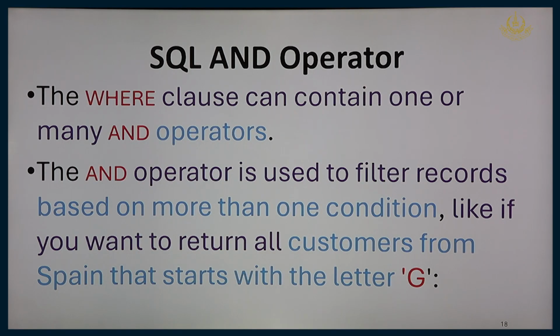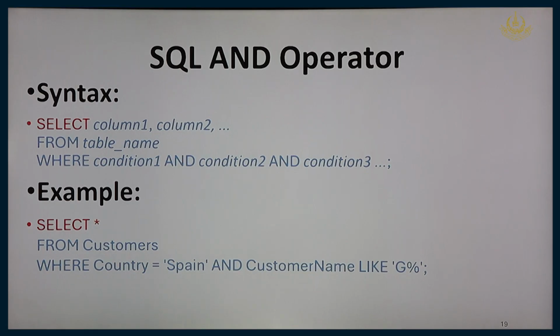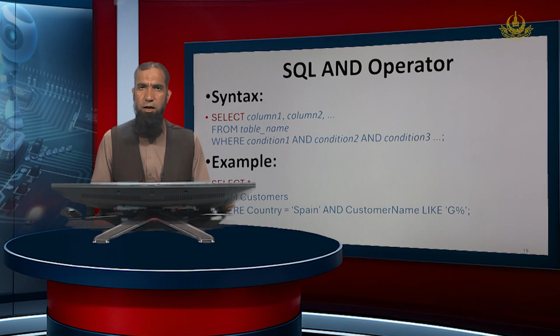We can use select star from customer where country is equal to Spain and customer name like G. So it means we want to display the records of all those customers which are from Spain and their names start with the letter G. You can also add more than two conditions. Select from orders where order date is greater than or equal to 1/1/24 and status is equal to delivered and payment method is equal to credit card. Each condition further narrows the result.